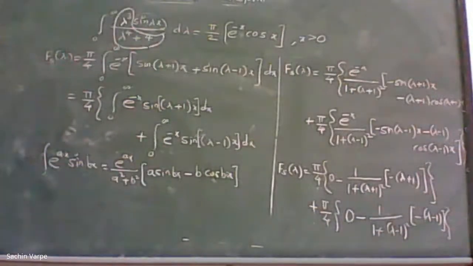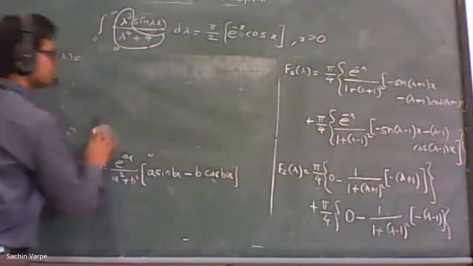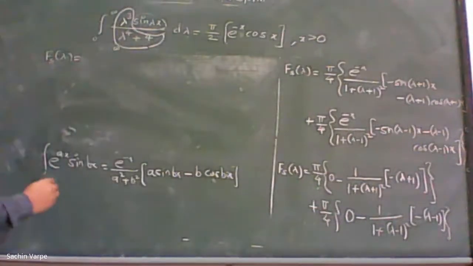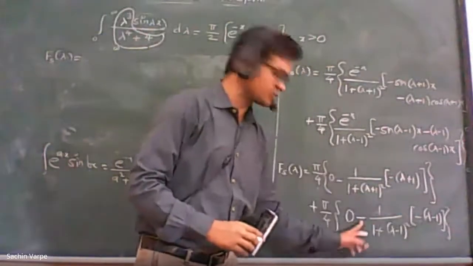And now simplify this. So here this minus and this minus will be plus, and here also this minus and minus will be plus.